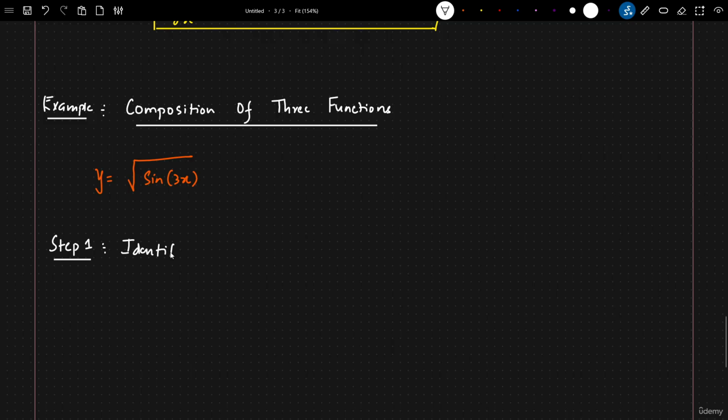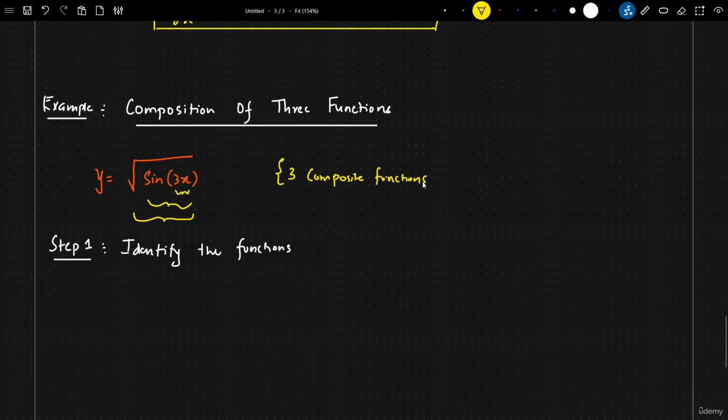In this case, just pause the video and try to understand how many functions are there. I can think of it this way: this is one function, this is another function, and with the root I have another function. So in this scenario I have three composite functions, right?